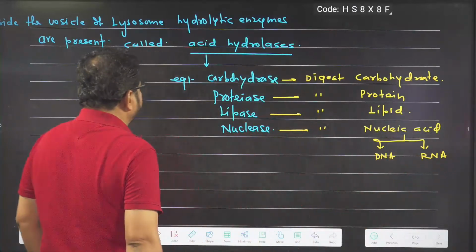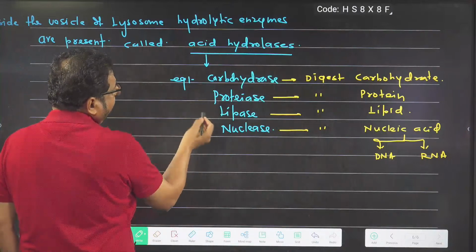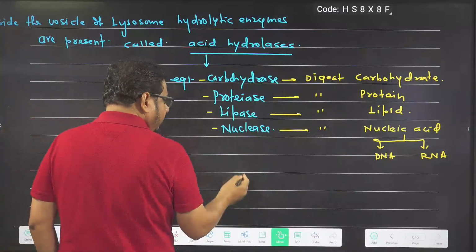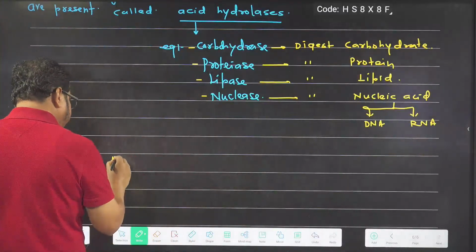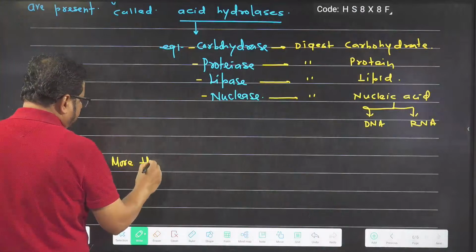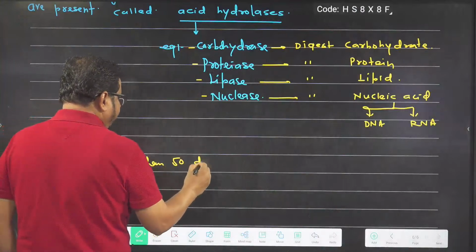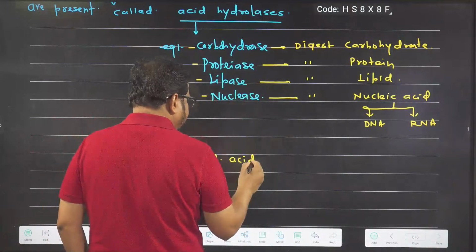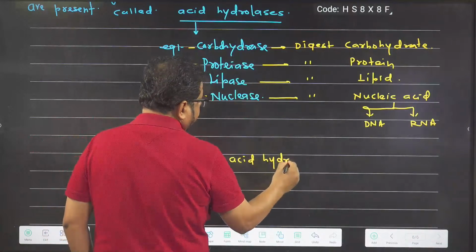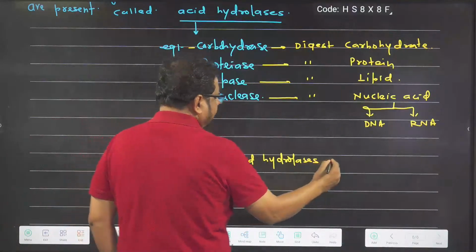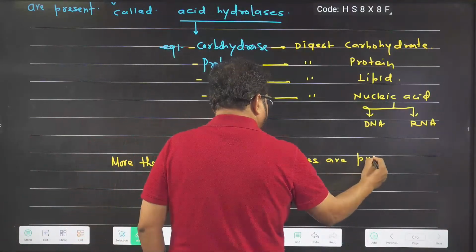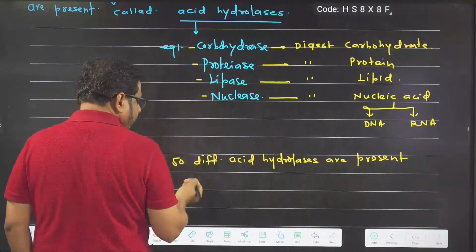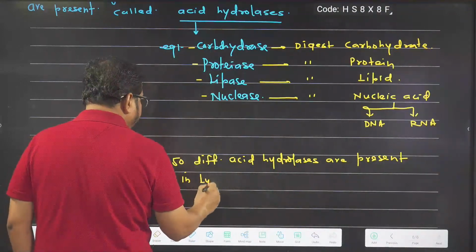So I am just writing an example here, only four. But if you want more, more than 50 different acid hydrolases are present in the lysosome. A few examples are these, which I already wrote on the board.